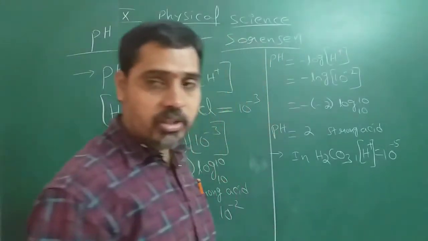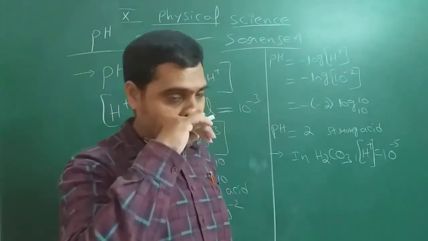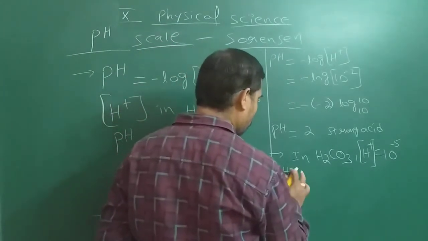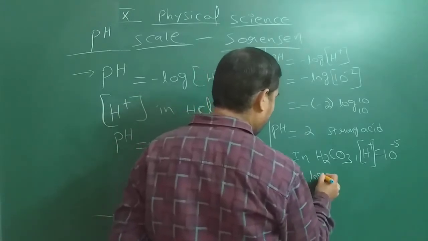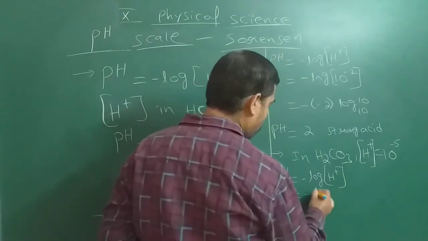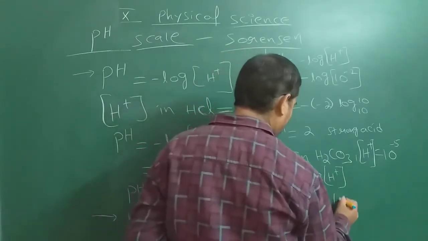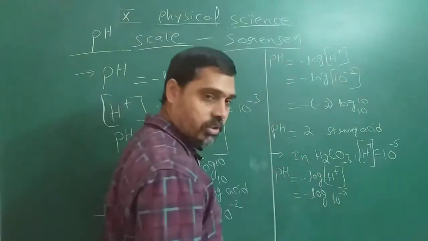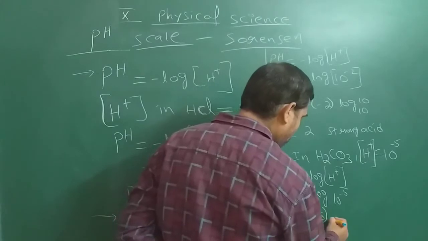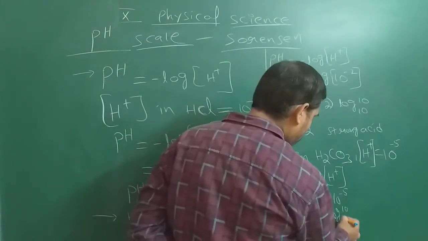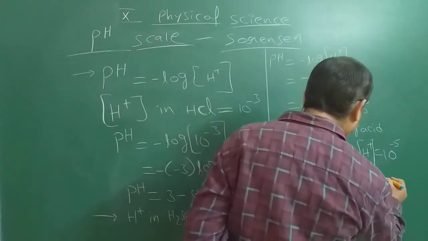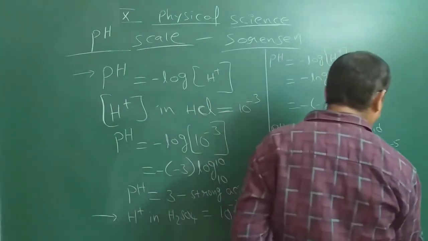In this case, what about the pH value? pH is equal to minus log of H plus ion concentration, that is minus log of 10 power minus 5, which is minus of minus 5 log 10 base 10, which is 5. So 5 is a weak acid.